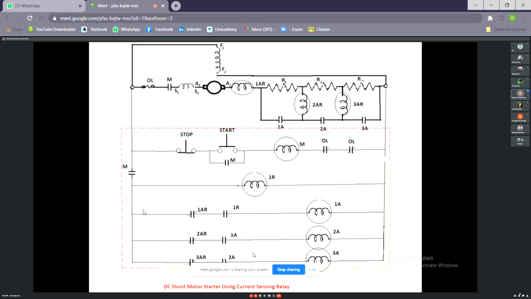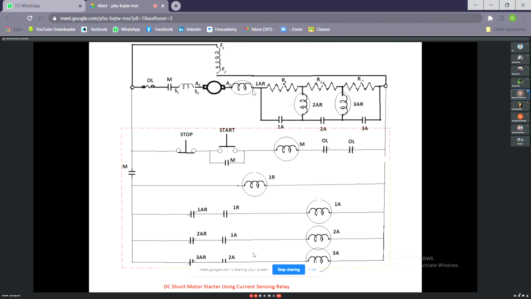Now here in the control circuit, this relay 1R is excited, because when M is closed, this is excited. If this is excited, this contact is closed.